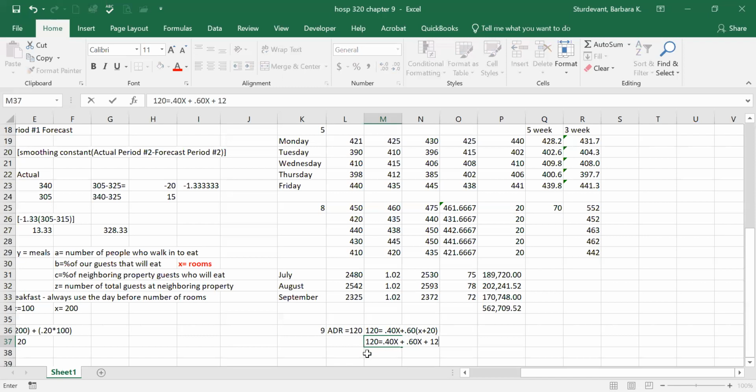Put your X's together, get your numbers together.